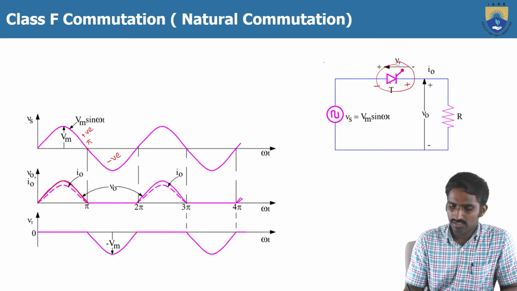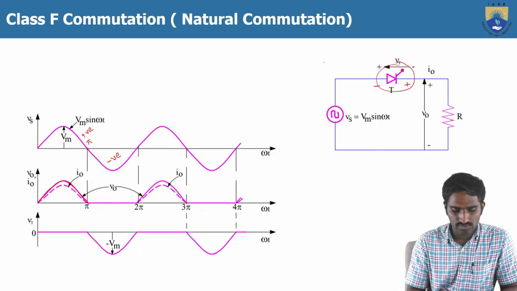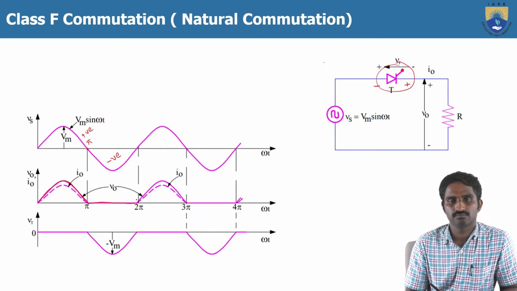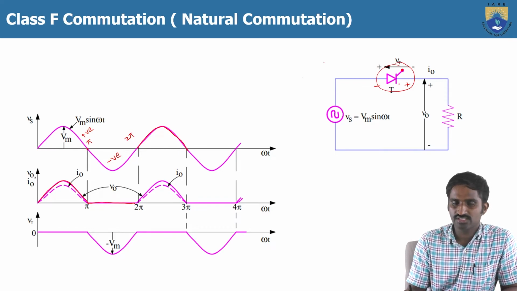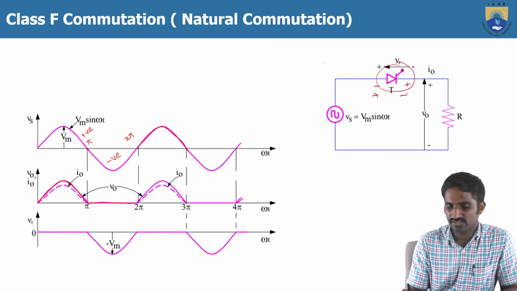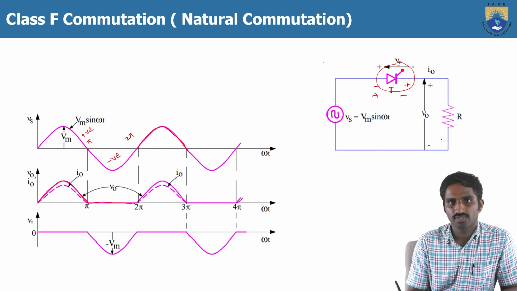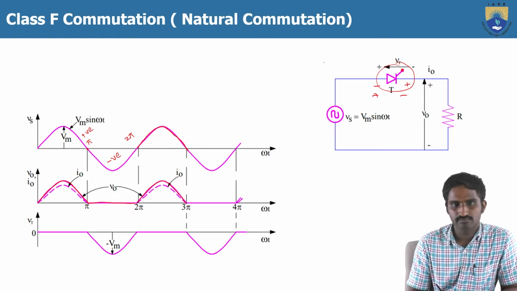Turn off means no current will flow from source to the load, so the load voltage is 0 here. Then again after 2 pi, the positive cycle will apply across the thyristor T1, and again the thyristor will turn on by giving the gate signal. Then again the load current will flow through the load, and you will get the output voltage.